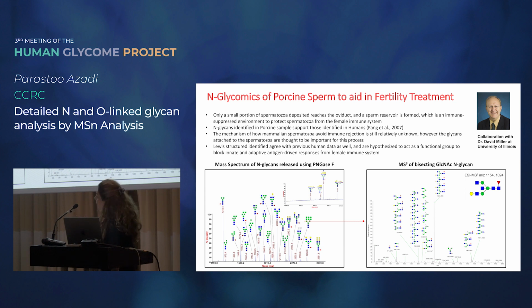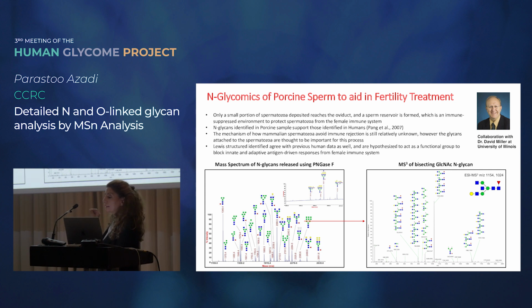So Andel in 2007 had done a glycosylation study of sperm in humans. At the time, she had figured out that Lewis structures were present in the sperm.